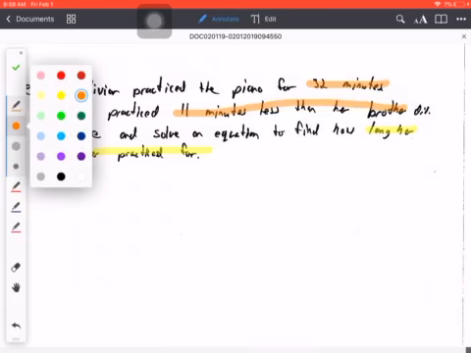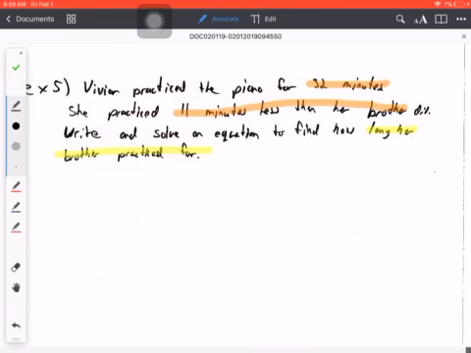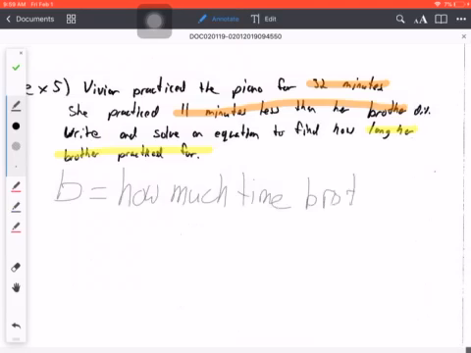If I go ahead and start solving this, I first need to come up with a variable. So I'm going to say b, and that's going to be how much time the brother practiced.